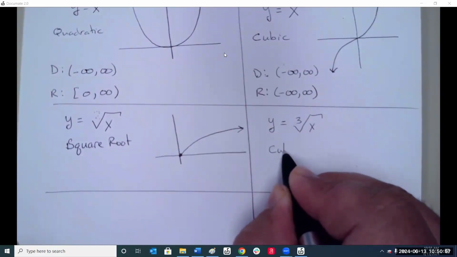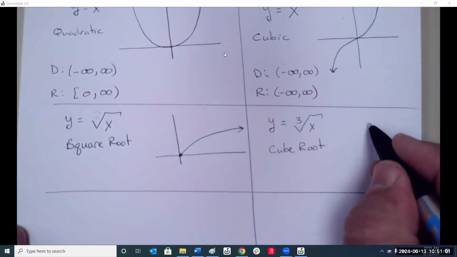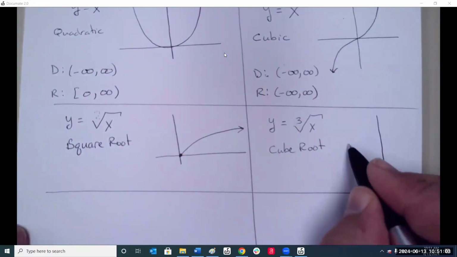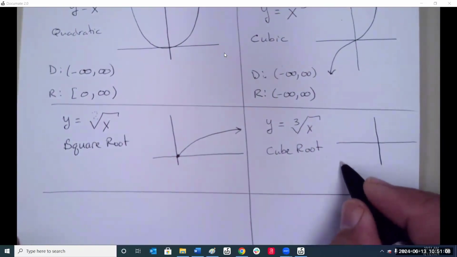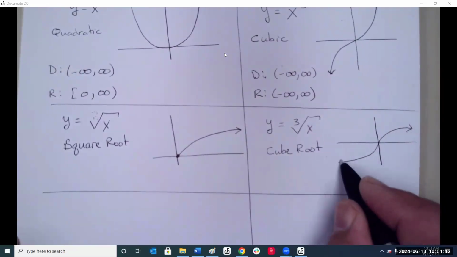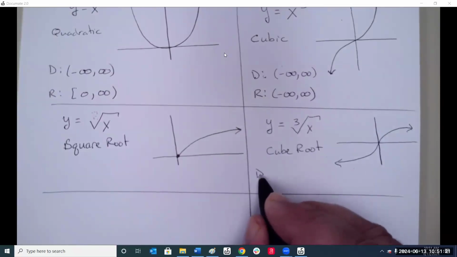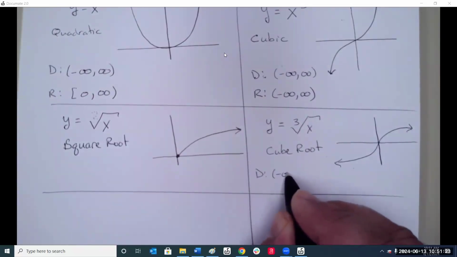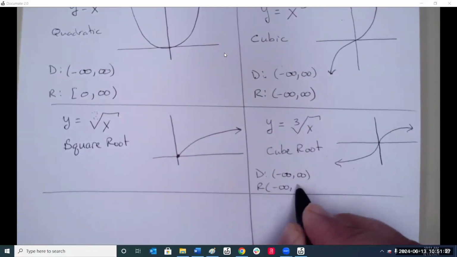This is called a cube root. And that one looks like this. The domain is negative infinity to positive infinity. So is the range.